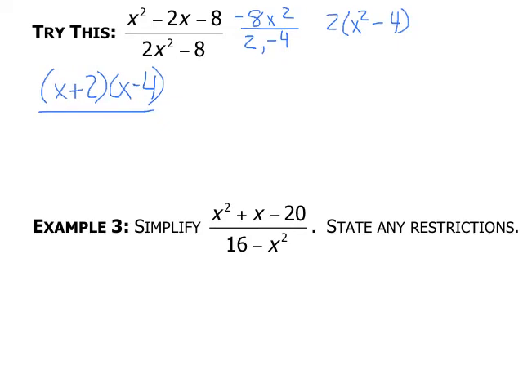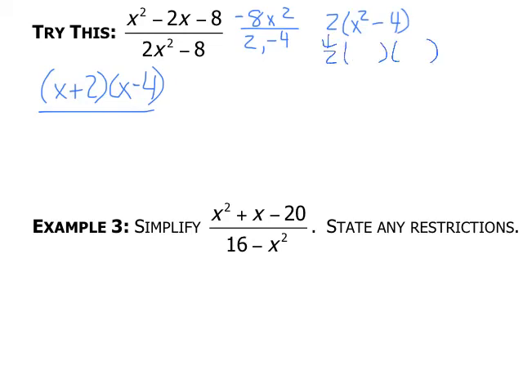And then if you also realize this is a difference of squares in here, right? I take a GCF and then I look for the number of terms. There's only 2 terms. So the 2 things that I would have to multiply to get x squared would be x and x. 2 things that I would have to multiply to get negative 4 would be positive 2 and negative 2. So this 2 comes down.